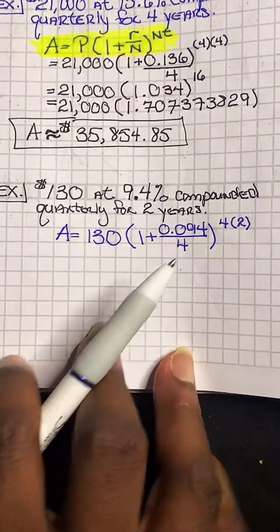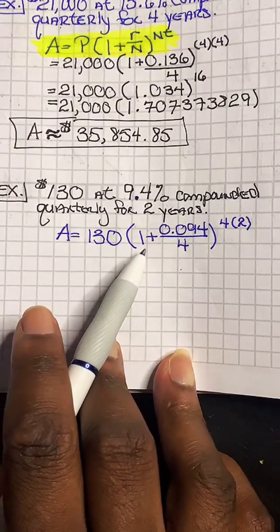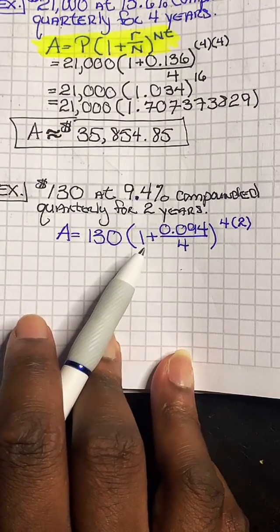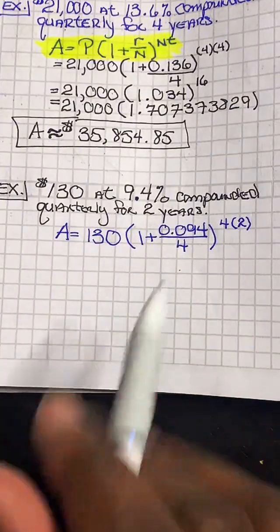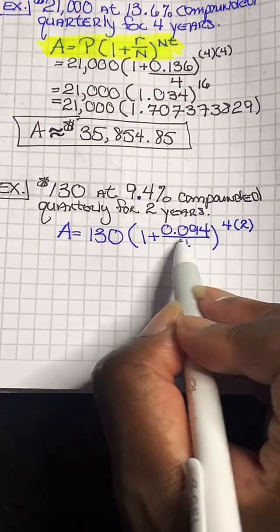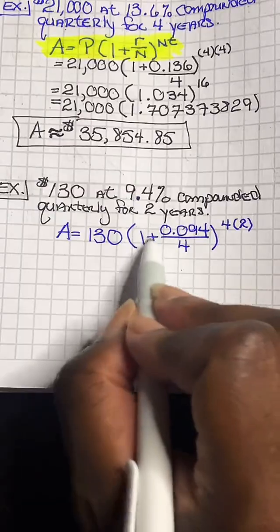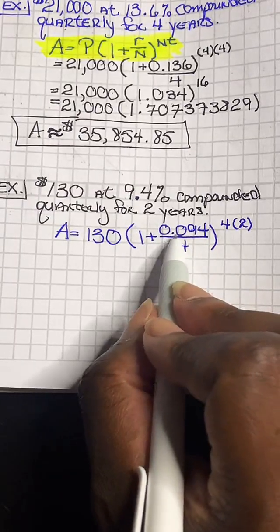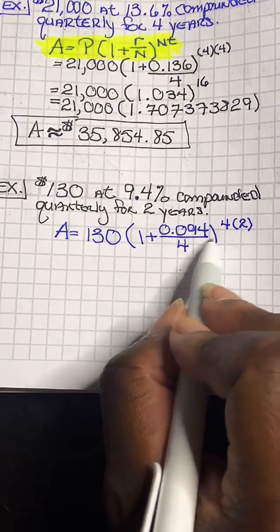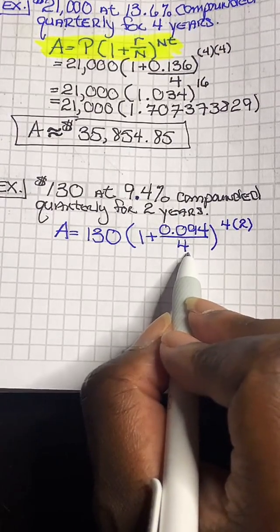So now we have to do inside the parenthesis. Inside the parenthesis, we have to do the division first. What is 0.094 divided by 4?